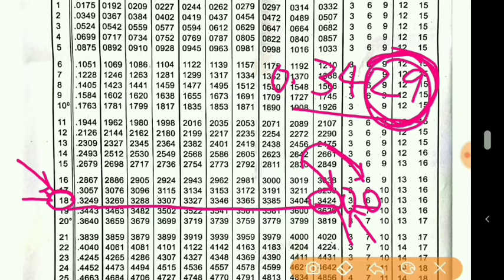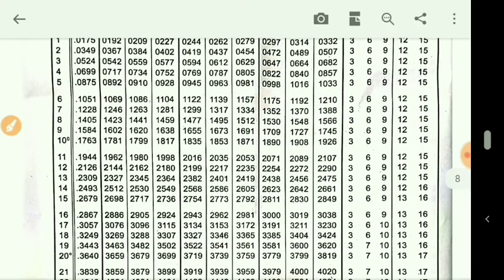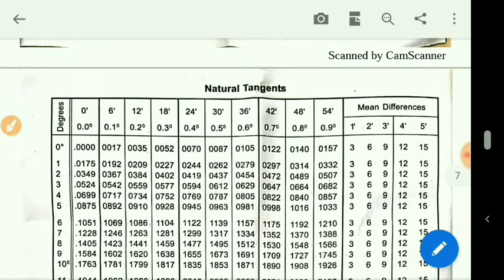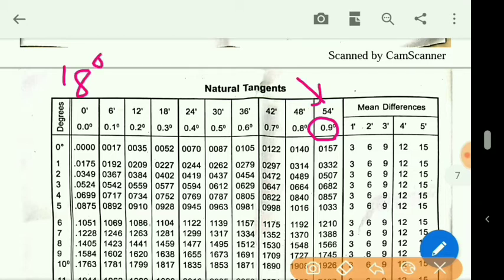And now look here, 0.9 degree. So you can write this as 18.9 degree, or in terms of minutes you can write 18 degree and 54 plus 2 minutes, because we have added 6. So here there is a mean difference of 2 minutes.